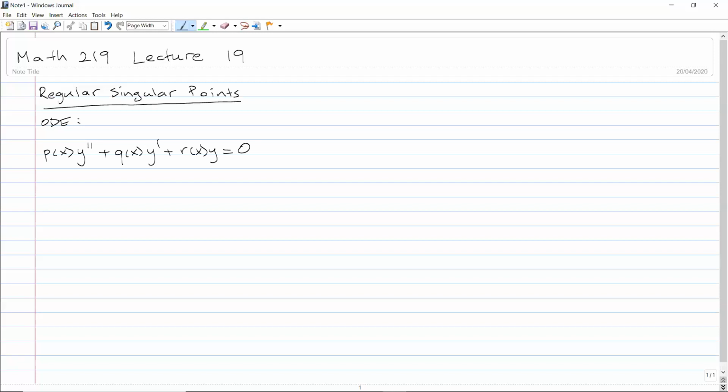Okay, now remember for an ordinary point, we need to look at the functions. So first, we write this equation in the form where we divide by the function p(x).